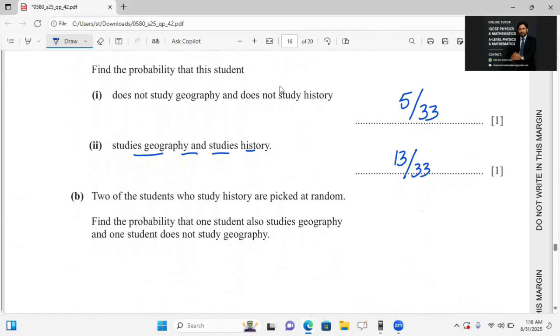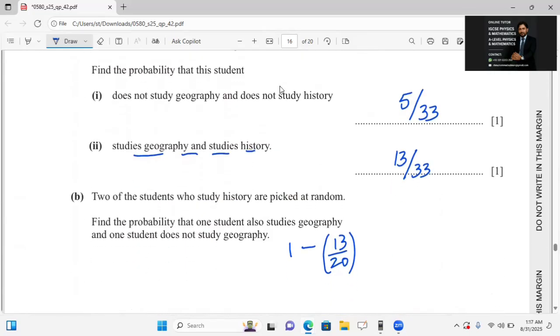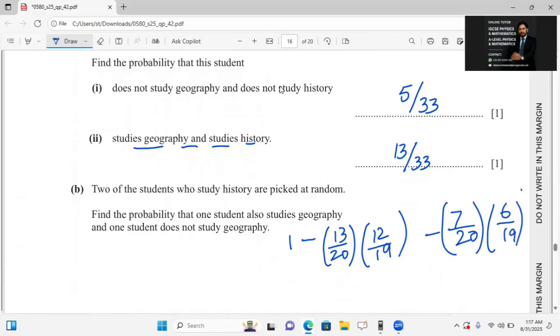For that purpose, I will have to subtract like that: 1 minus 13 over 20, and how many study there, 12 over 19, minus 7 over 20 into 6 over 19. So if I go for simplification, let's use the calculator.